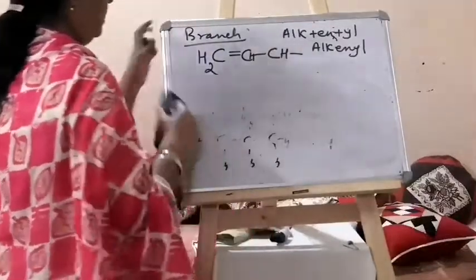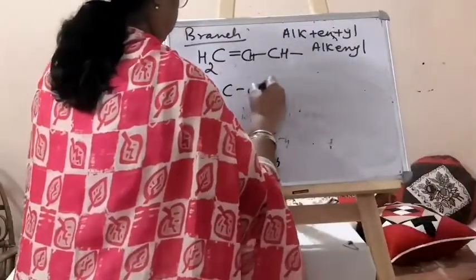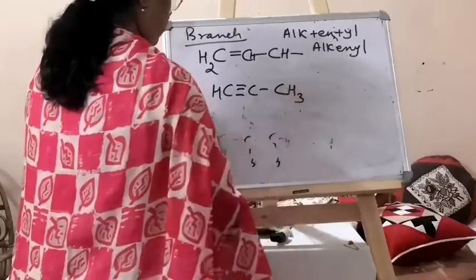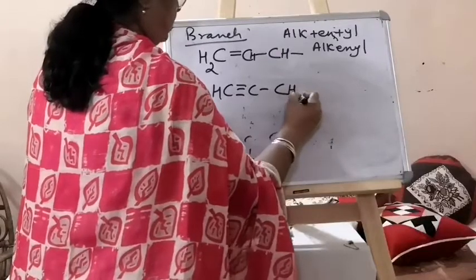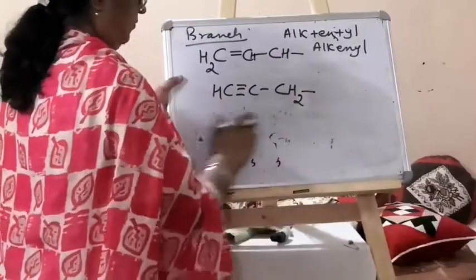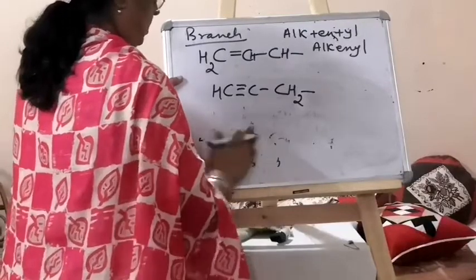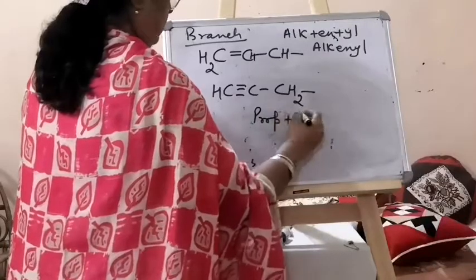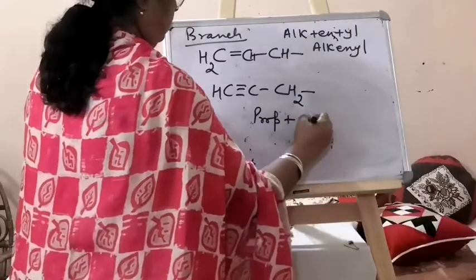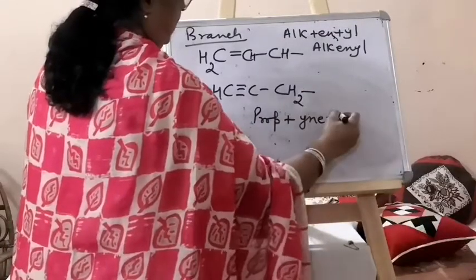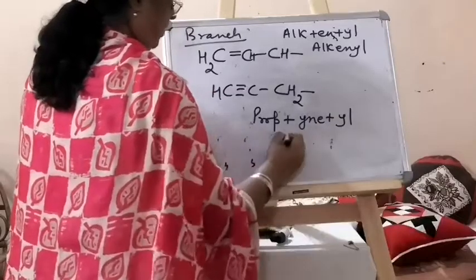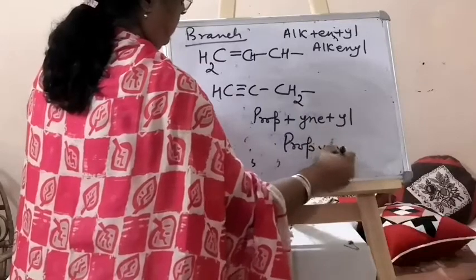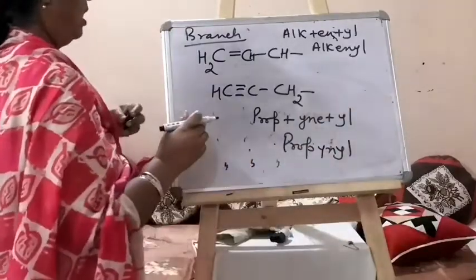Now for the triple bond. Now see for the triple bond. 1, 2, 3 triple bond. H and CH3. When we have one hydrogen less, this side or that side, then root word will be prop here, then primary suffix is yne, one hydrogen less, so it will be yl. When you join it together, this e will be omitted and it will be propynyl.